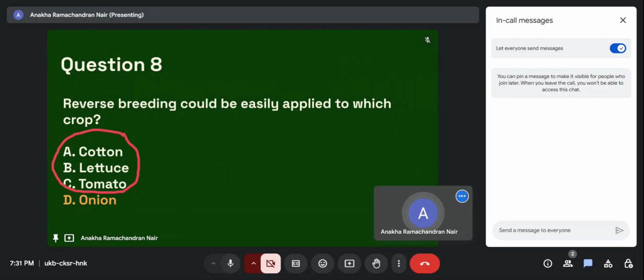So it is not applied to these plants. Reverse breeding cannot be done easily in cotton, lettuce, and tomato. And onion, since the double haploids can be formed for onions, we can use onions for reverse breeding. Like we can perform reverse breeding on onions, right? So let's move on to question number 9.